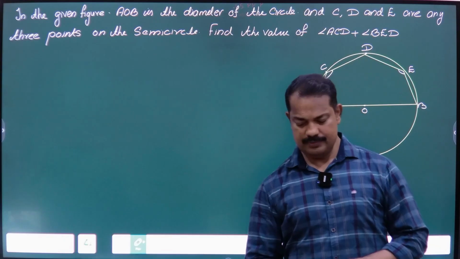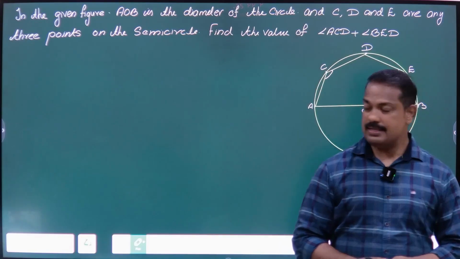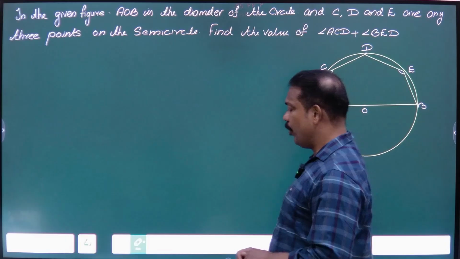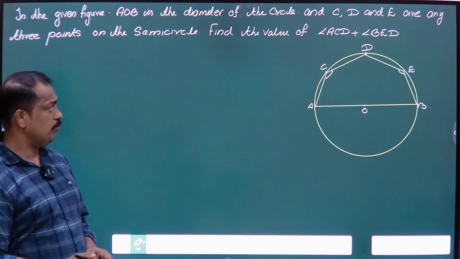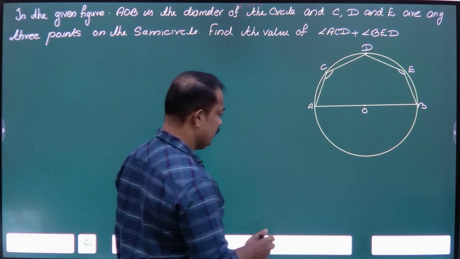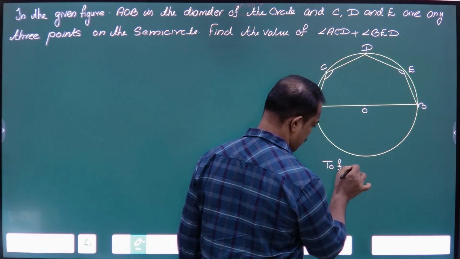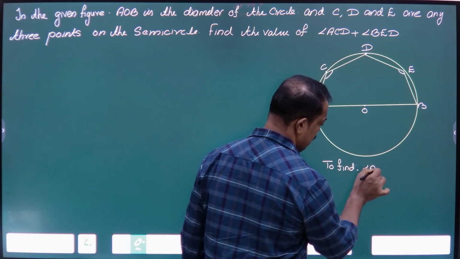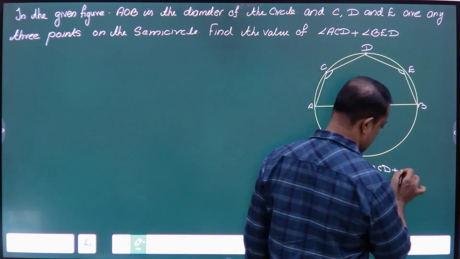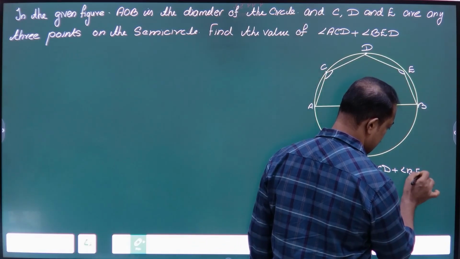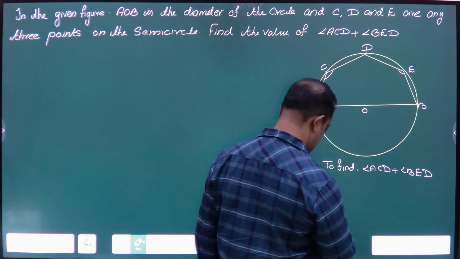Next line, C, D and E are the points on the semicircle. To find angle ACD plus angle BED. Construction.